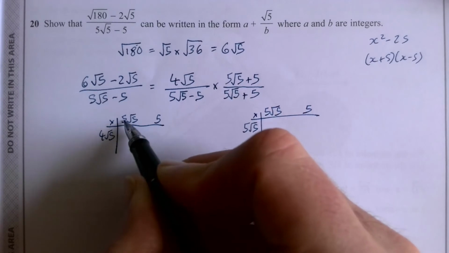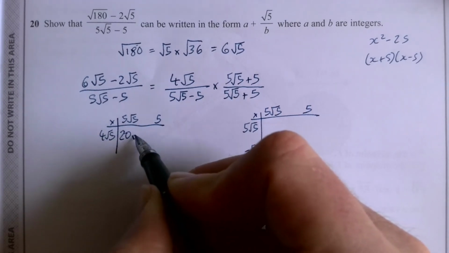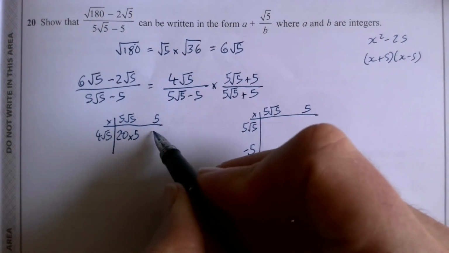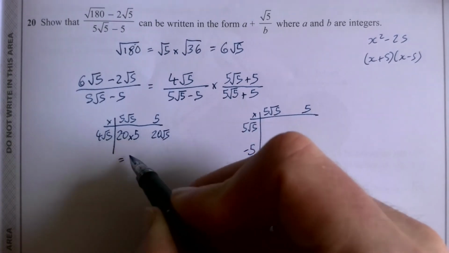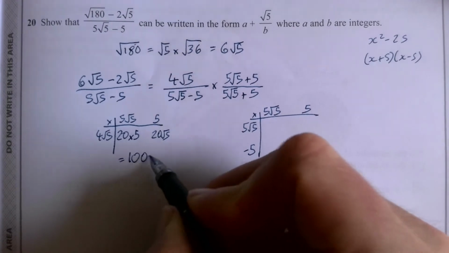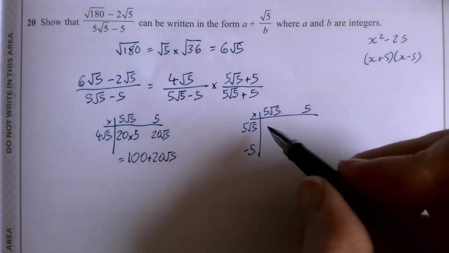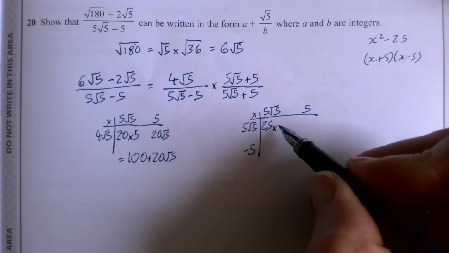So 4 times 5 is 20. Root 5 times root 5 is 5. 4 times 5 is 20, so that'll be 20 root 5. So that's giving me 20 times 5 is 100 plus 20 root 5. Over here, 5 5s are 25. Root 5 times root 5 is 5.